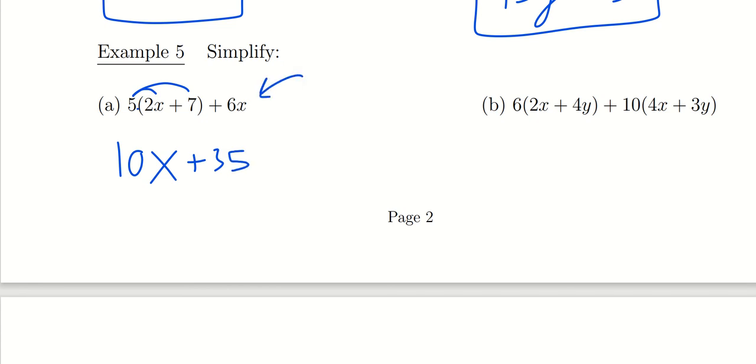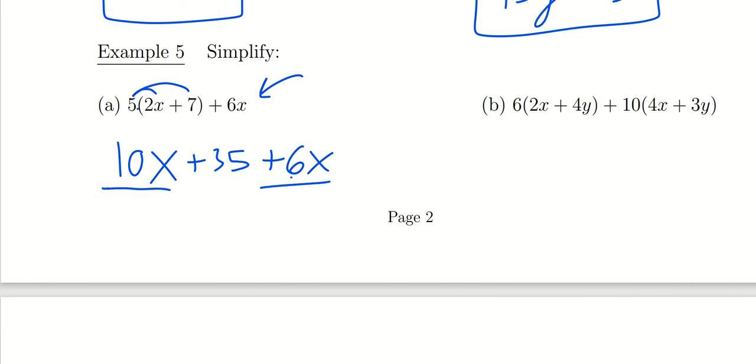Notice that that 6x is not inside of the parenthesis, so it does not get multiplied to the 5. That 6x can come straight down. And this is great. We've simplified it by using the distributive property, but we're not all the way done. Because now that we've distributed, notice at this point we have 3 terms, and 2 of them end up being like terms, namely the positive 10x and the positive 6x.